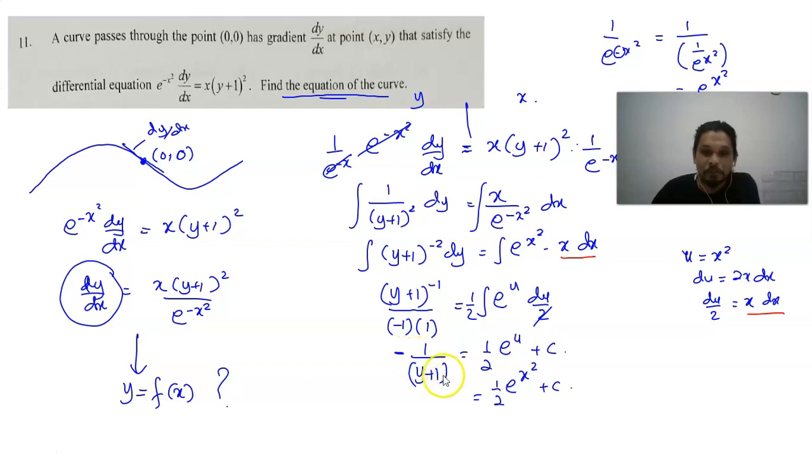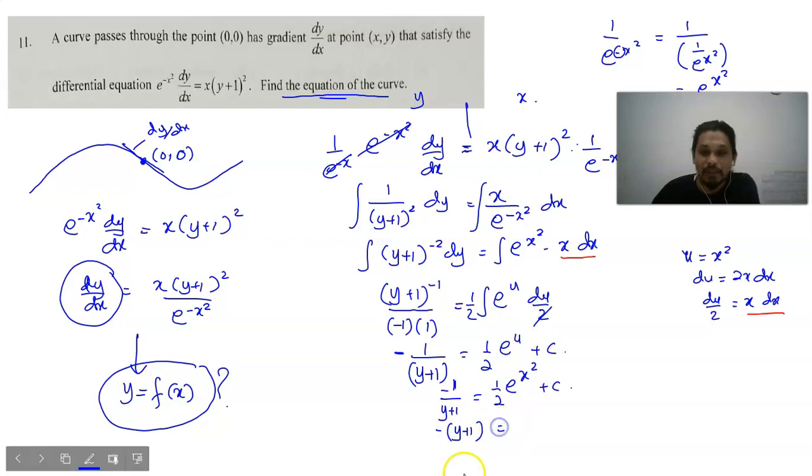And this one here now, it is negative 1 over y plus 1. We want it in the form of y equal to f(x). So then, make this one as y plus 1 to the power of negative here. Okay, so everything of this is the reciprocal of this one here, 1 over 2 e to the power of x squared plus c.